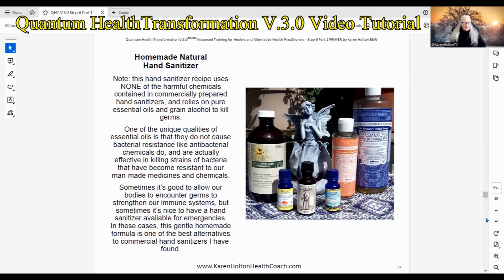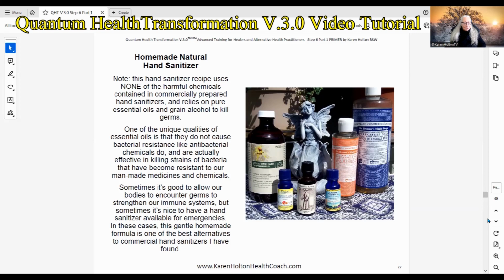Homemade natural hand sanitizer. Note, this hand sanitizer recipe uses none of the harmful chemicals contained in commercially prepared hand sanitizers and relies on pure essential oils and grain alcohol to kill germs. One of the unique qualities of essential oils is that they do not cause bacterial resistance like antibacterial chemicals do, and are actually effective in killing strains of bacteria that have become resistant to our man-made medicines and chemicals.